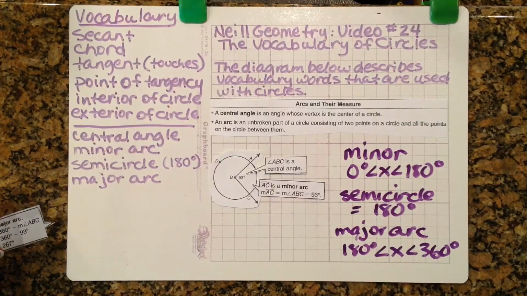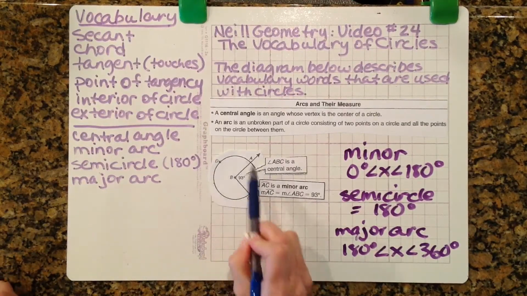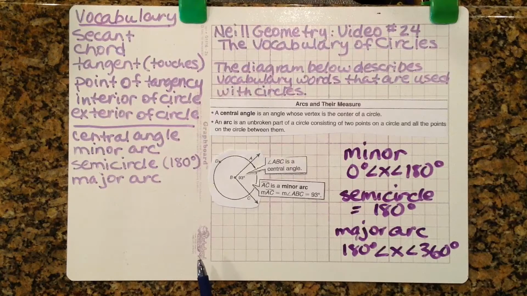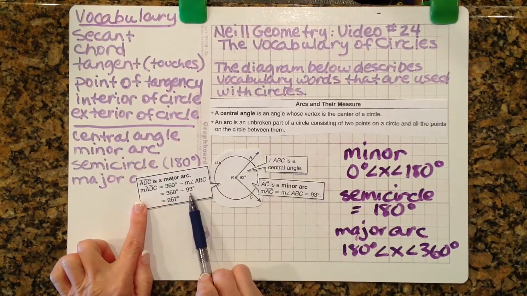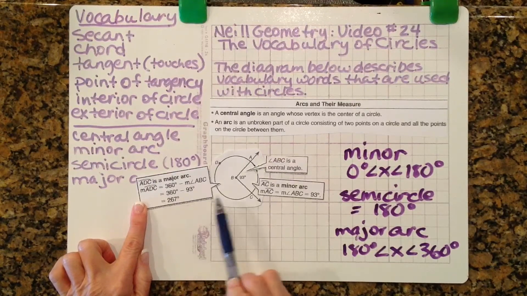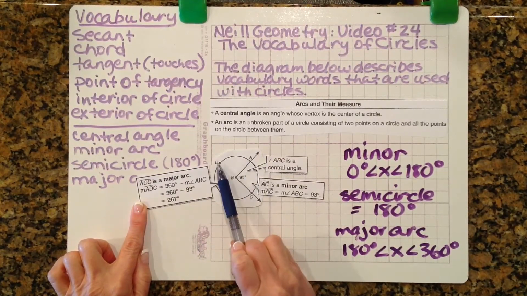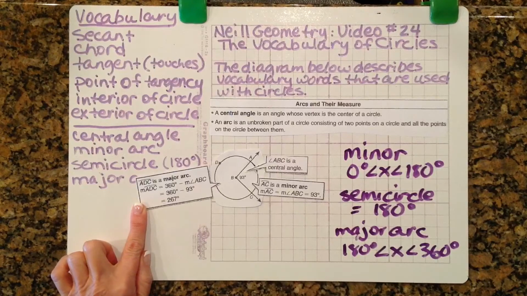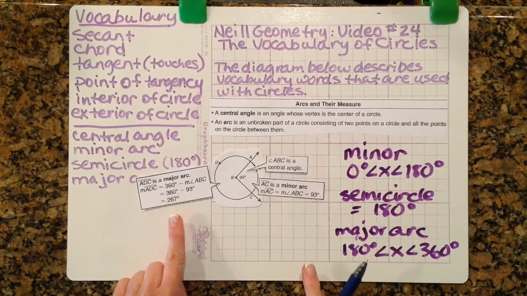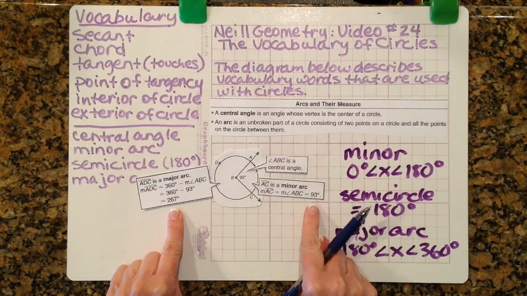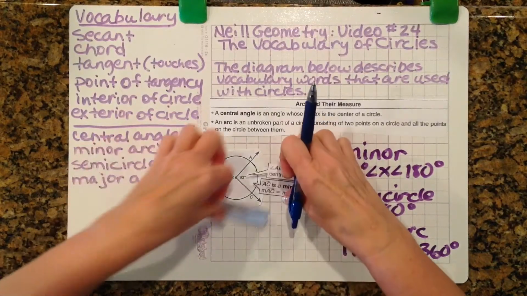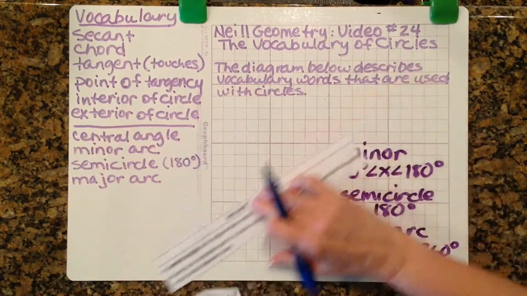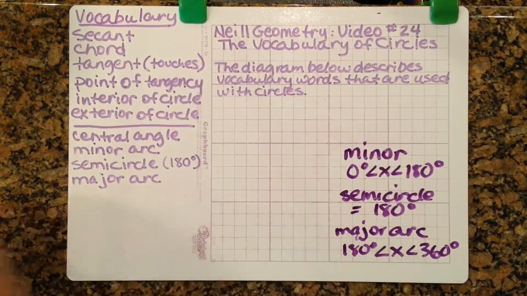I know it's going to be a bigger number. So if all the way around is 360 degrees, so 360 minus 93 degrees, so arc ADC is going to be a major arc, and it's 267 degrees. And if I add up my major arc and my minor arc, I'm going to get 360. All right, with that information, let's do a couple of examples.